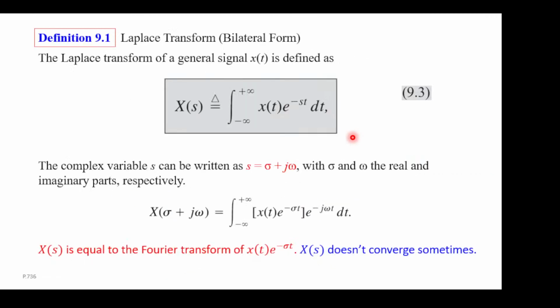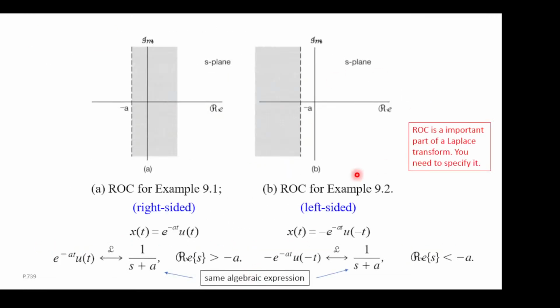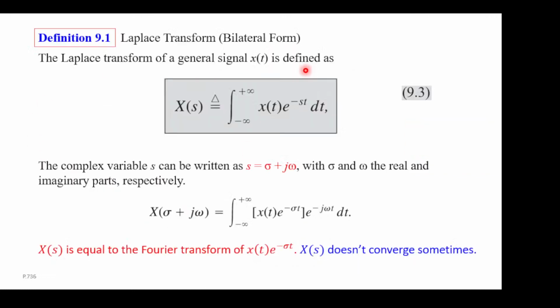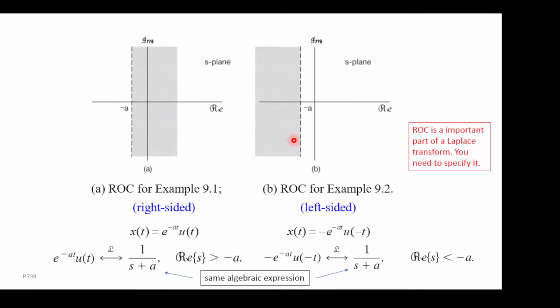In the Fourier transform, we just say it either converges or doesn't. But for the Laplace transform, this formula will converge for some values of s and not for others, and we draw those shaded areas. The ROC is actually an important part of the Laplace transform.